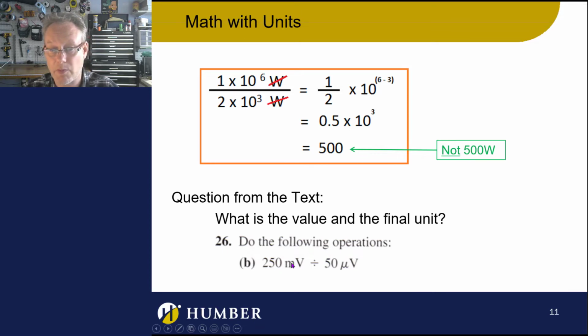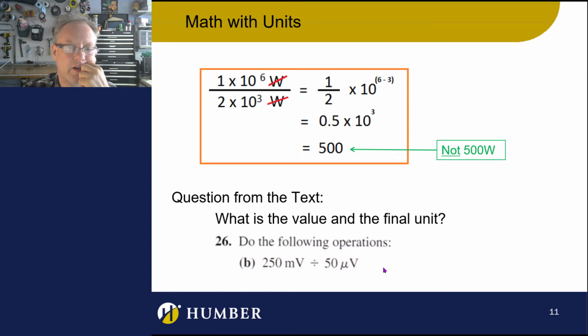Now, this is a pretty good one over here. We're still dividing units, but they have metric prefixes. So what do we do? Well, we can actually take this and convert it to engineering notation, but I'm just going to do it like this. I'm going to ask you, what's the final unit here? If I divide this by this, I'm not asking you about the metric prefix. I'm asking you about the unit.